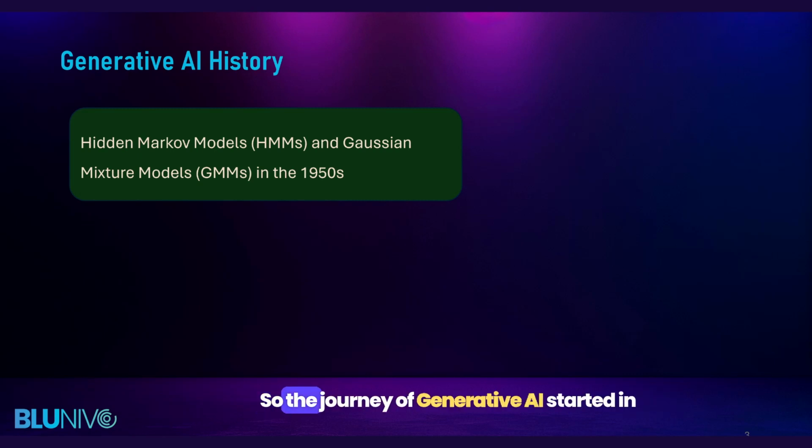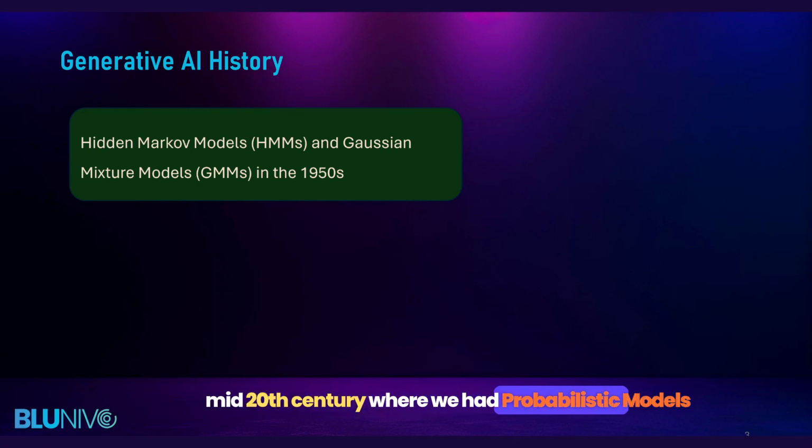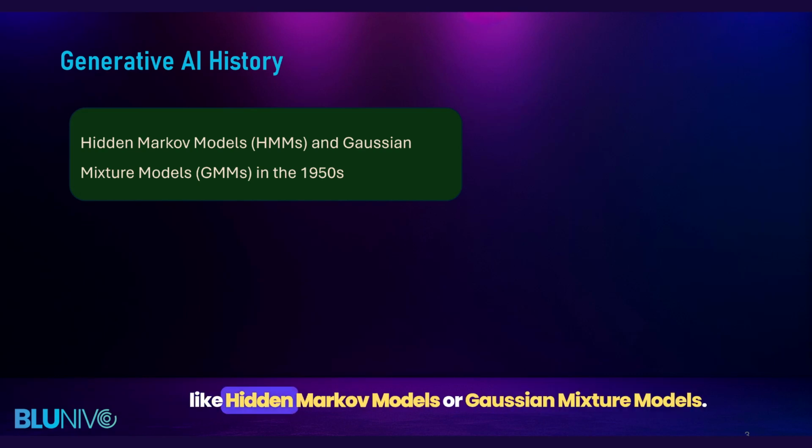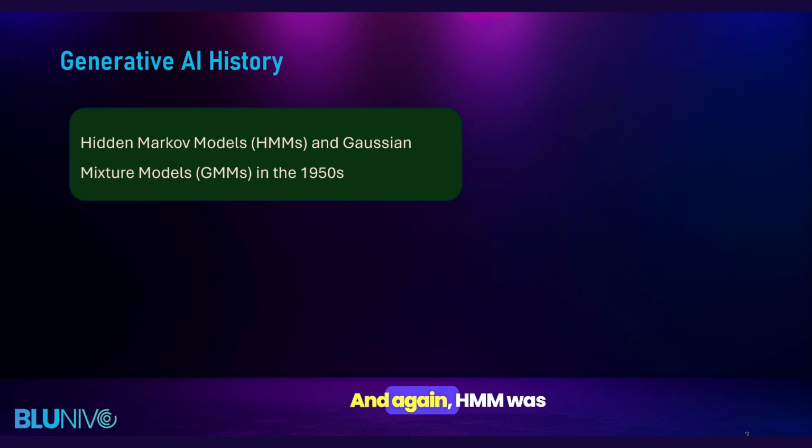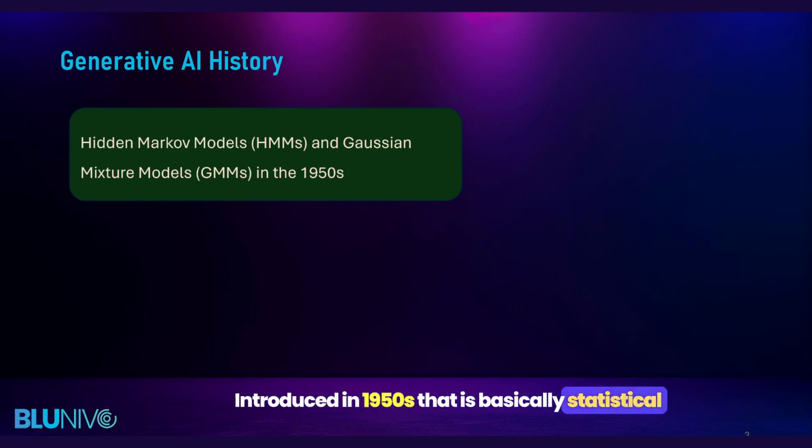The journey of generative AI started in the mid 20th century, where we had probabilistic models like hidden Markov models or Gaussian mixture models, and again HMM was introduced in the 1950s. That's basically a statistical model that describes a system with hidden states through an observable sequence.